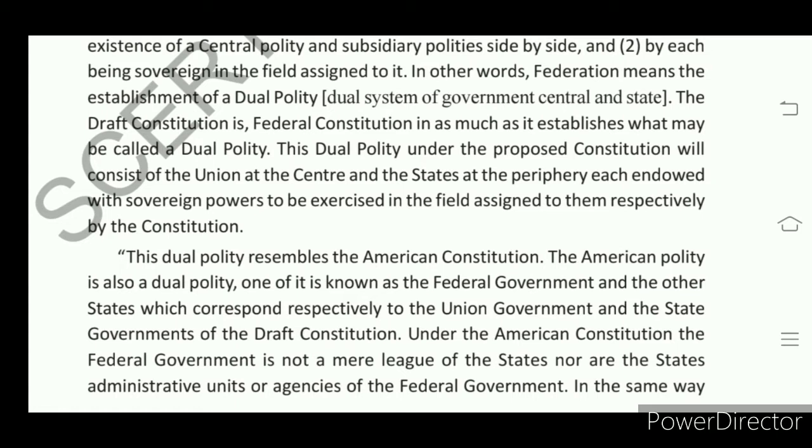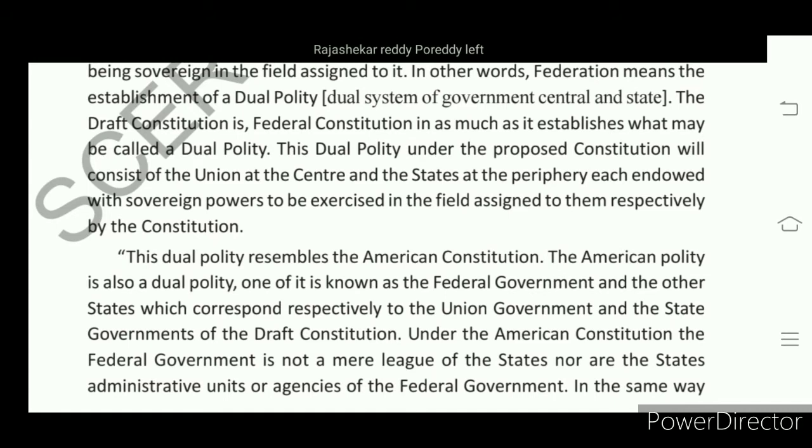States are part of the nation, that means a nation is made of a number of territories that we call states.